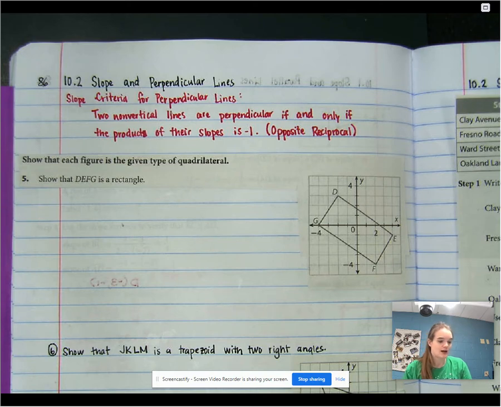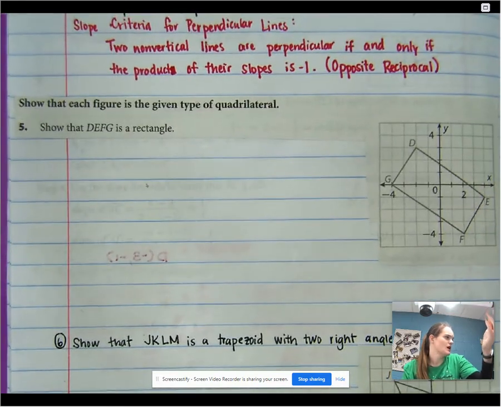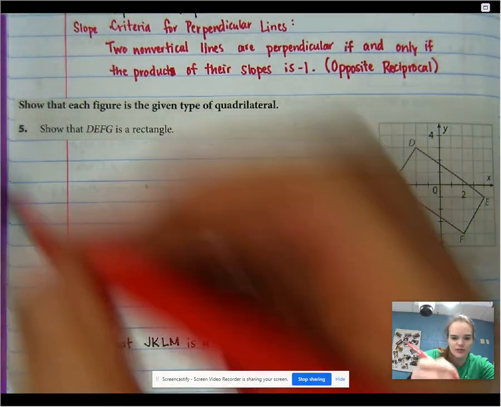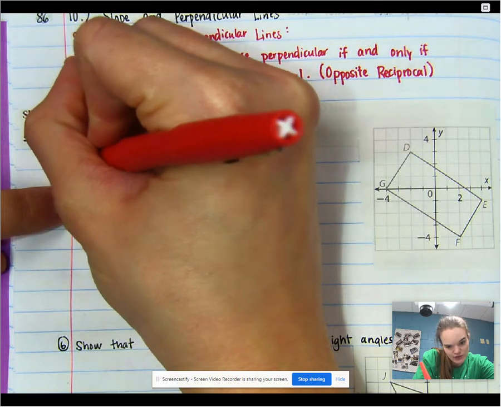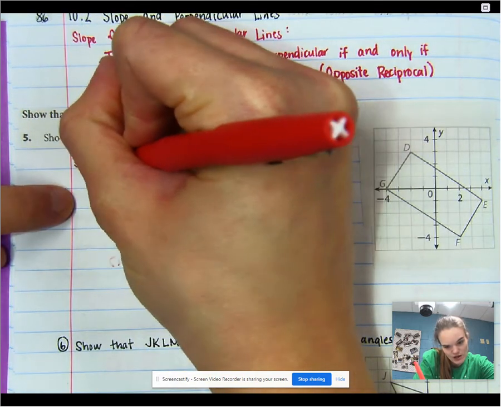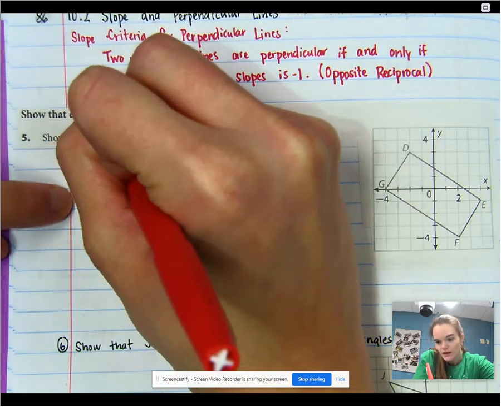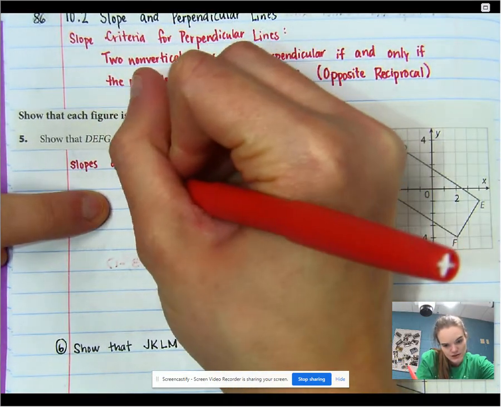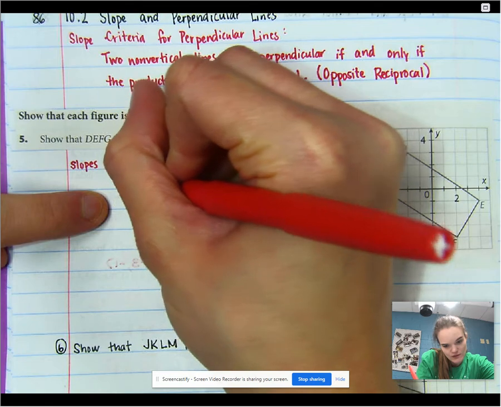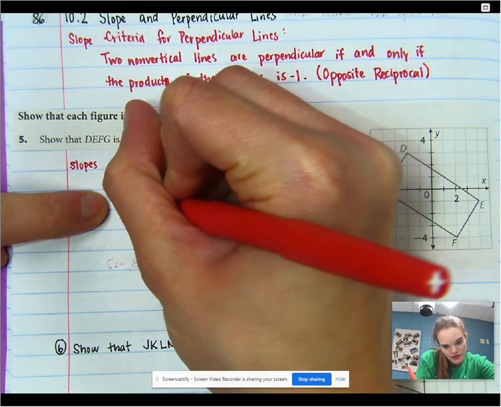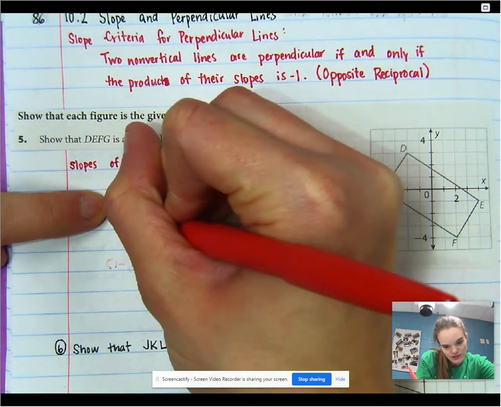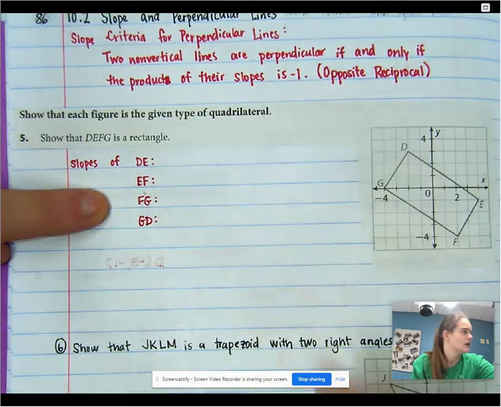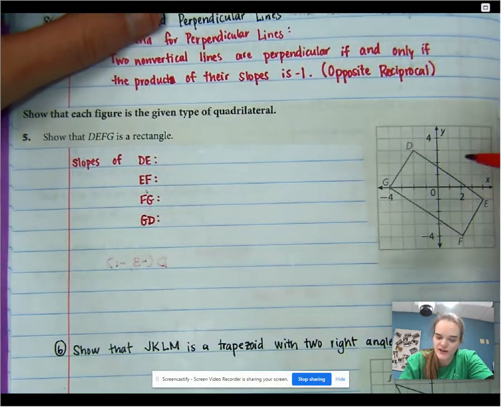So to show that, we are going to have to find the slope of all 4 sides. So we are going to be finding the slopes of DE, EF, FG, and GD or DG. Okay. So we're just counting slopes.